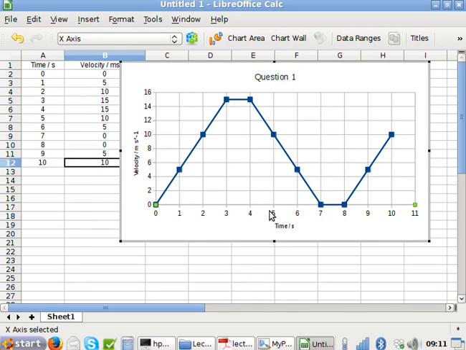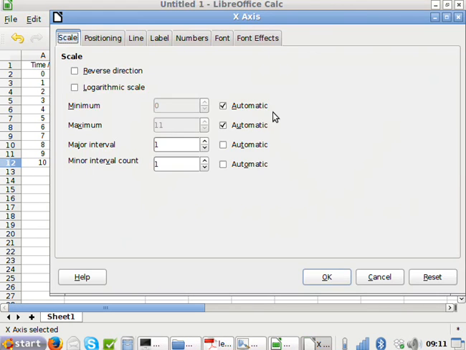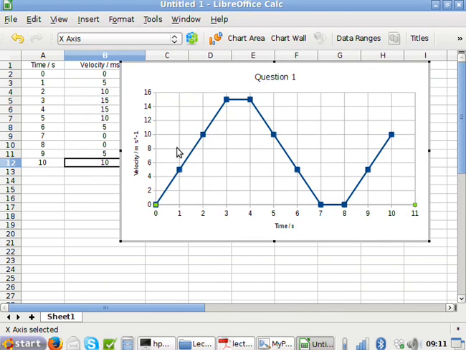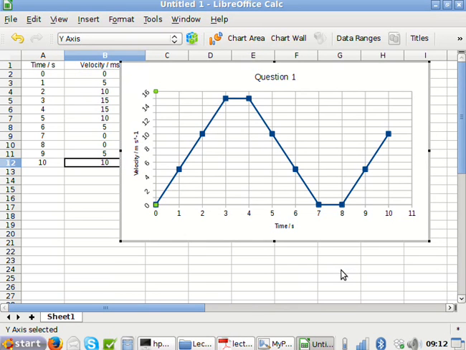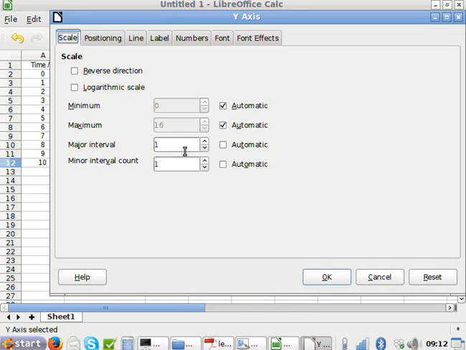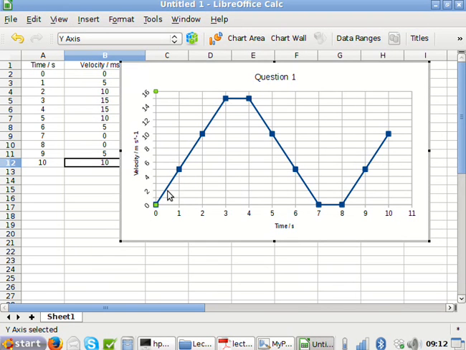No. How did I do it last time? What did I just do a moment ago? What button did I click? Data ranges, was it? No. Yeah, that's what I'm thinking. Oh, hang on. Double click the.